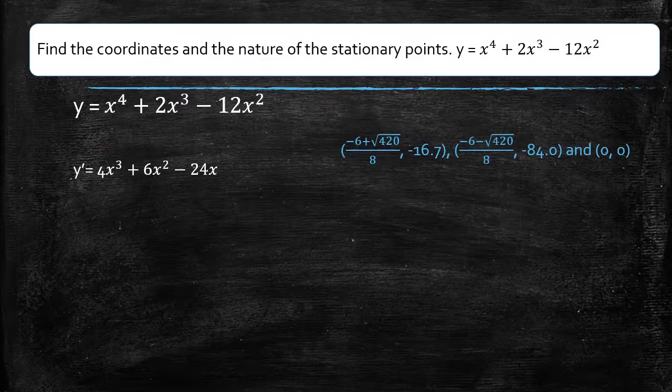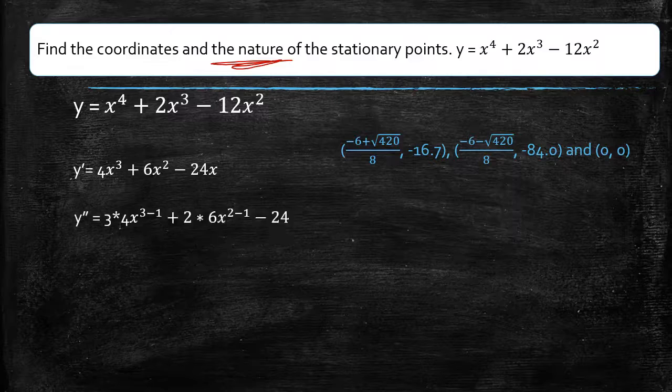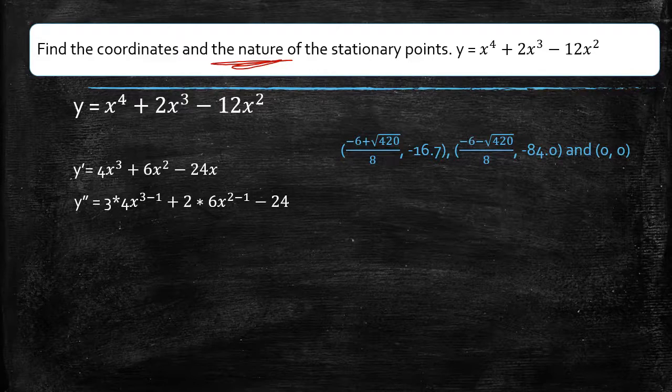So the second part of the example is asking us to find the nature of the stationary points. So what does this mean? This means to determine whether the stationary points are global maximums or global minimums, or local maximums or local minimums. So our first step would be to find the second derivative.